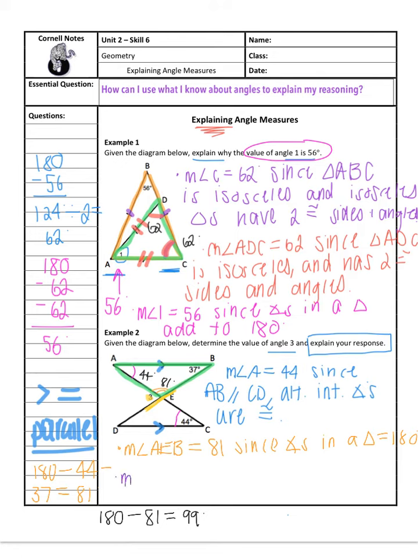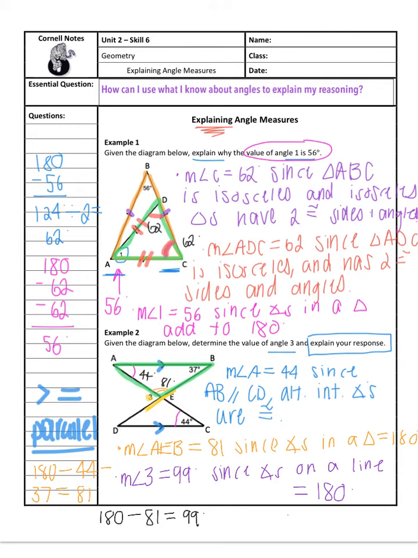So the measure of angle 3 equals 99 since angles on a line equal 180.